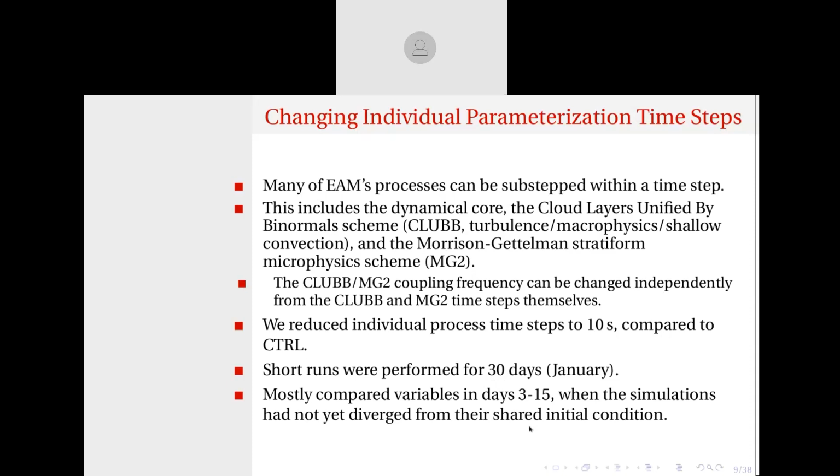And so there wasn't enough time for those simulations to completely diverge. And as a result, a lot more of the differences in that time period were due to these changes in the physics rather than these runs just sort of chaotically diverging from the initial condition.